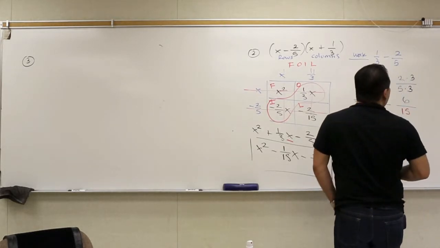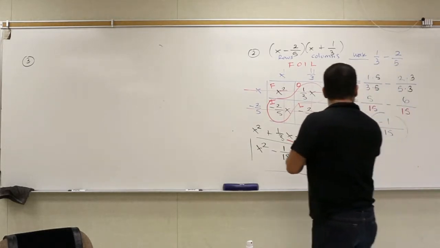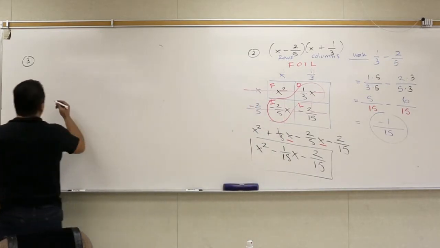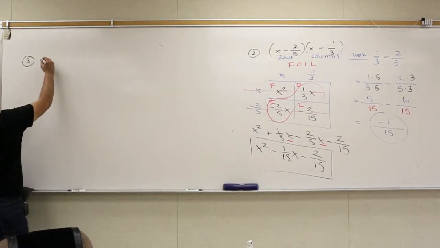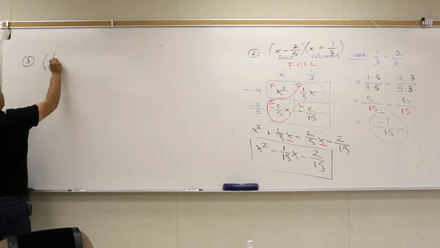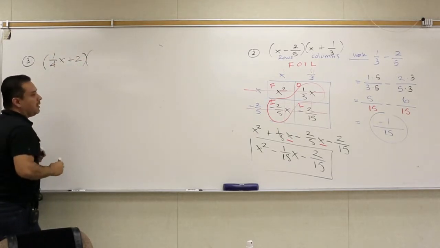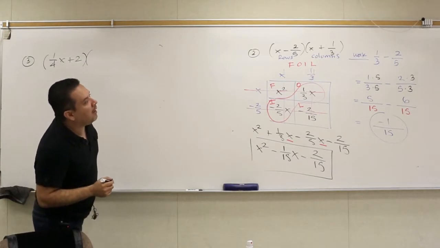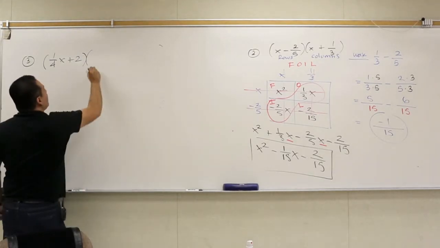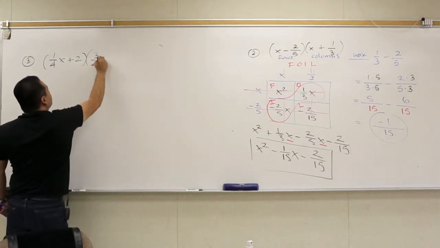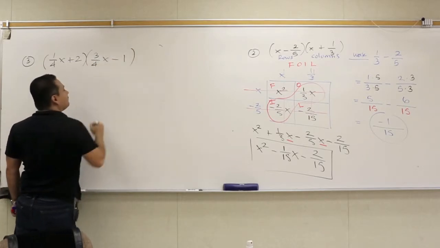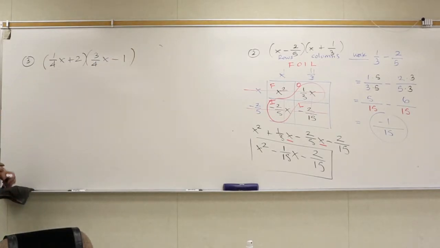Okay, so number 3, 1/4 x plus 2, and then the next one will be 3/4 x minus 1. Okay, so you're going to create your boxes.